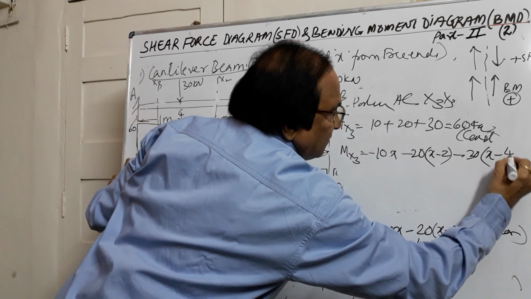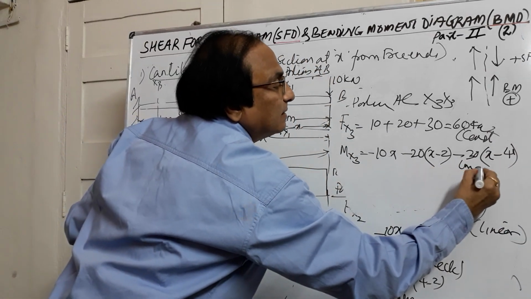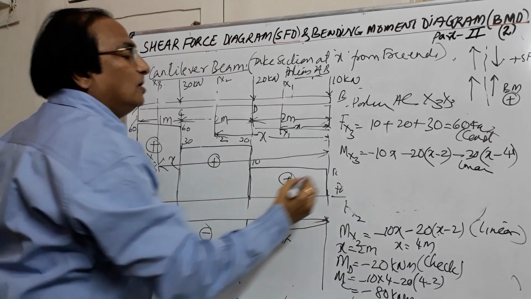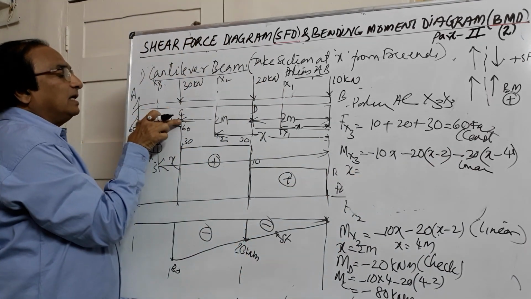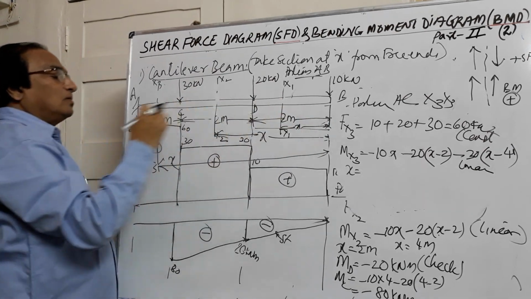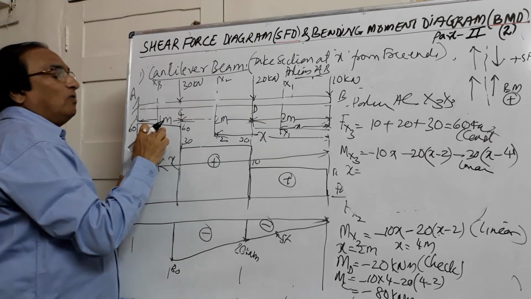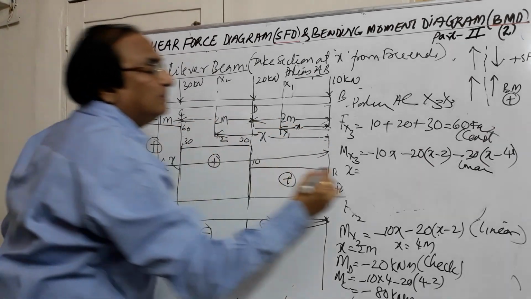Again, this is linear because x is to the power of 1. So we have got the 2 limits of x. We are in portion AC, so x will be equal to 4 meters to x will be equal to 5 meters.